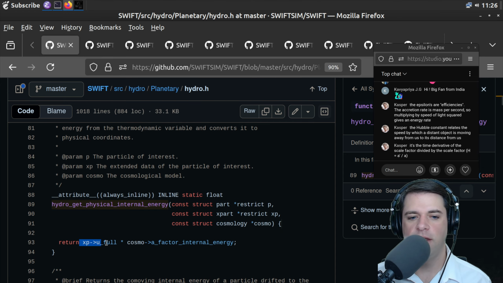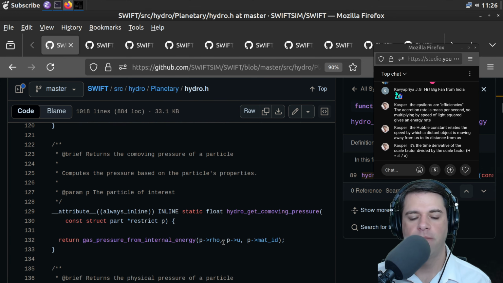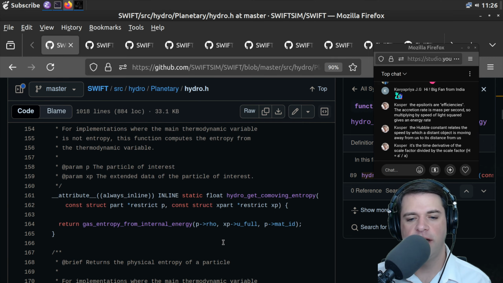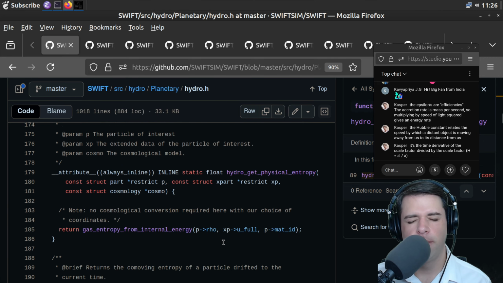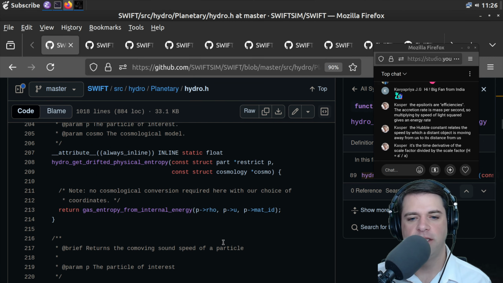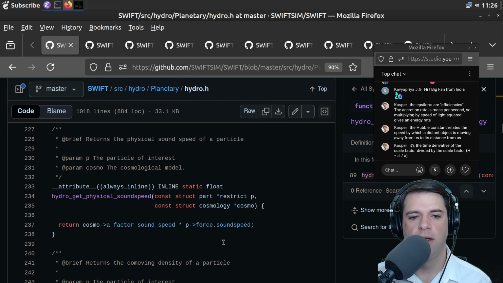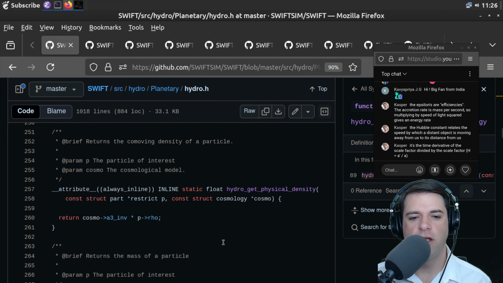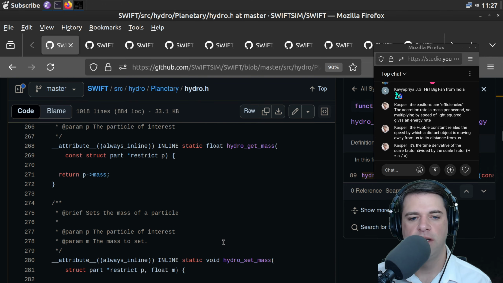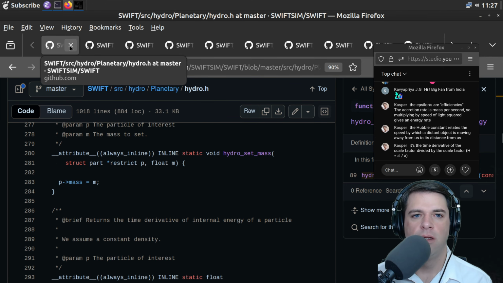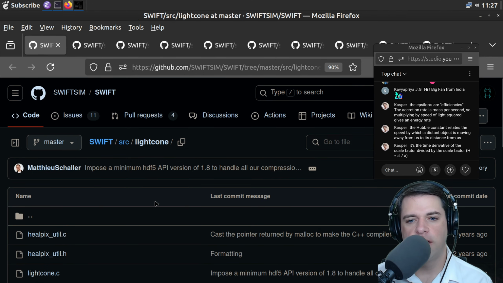We're just taking the X part, getting whatever U full is, and multiplying it by the A factor internal energy. And one of the really nice things about this repo is that all of the implementations that we've seen look really small. So it's easy to locally check that code is doing the right thing.